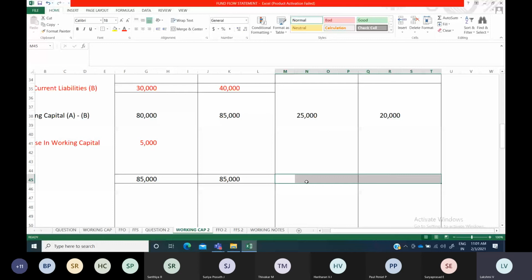Where you have to put it: here only, because then only you will get this 25,000. 20,000 with that 5,000, if you add, you will get the same 25,000. So this amount matches with this amount. Only if it matches, then your answer will be right, or else you have made a mistake somewhere.